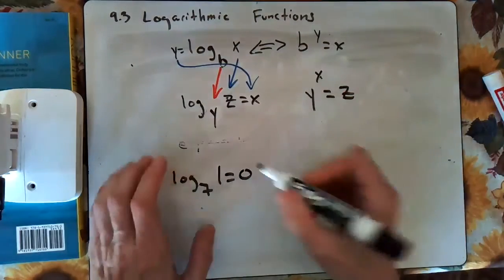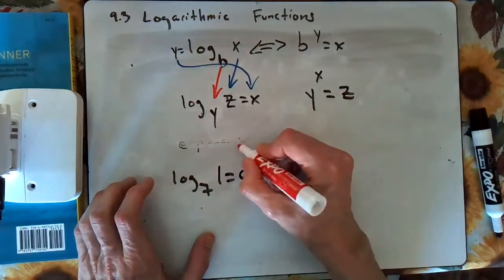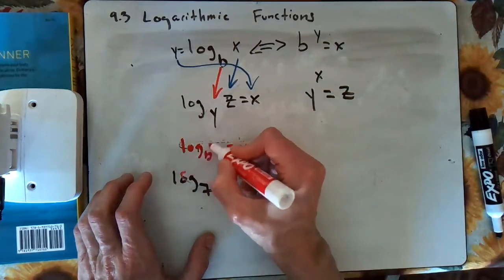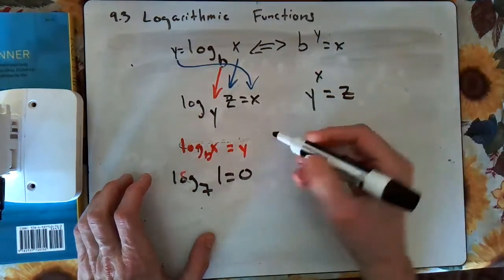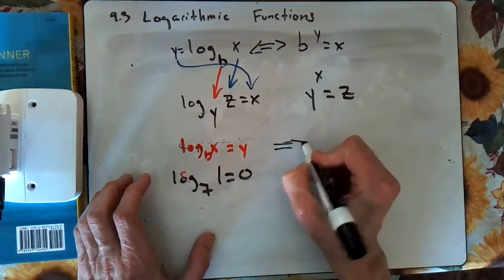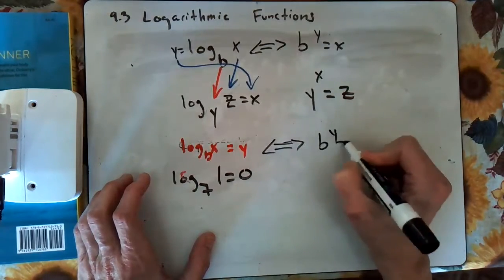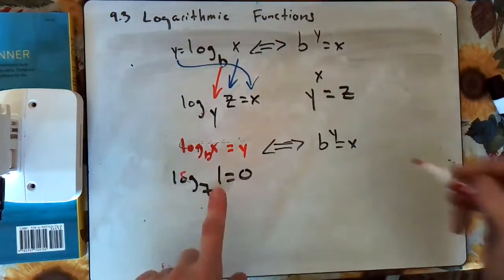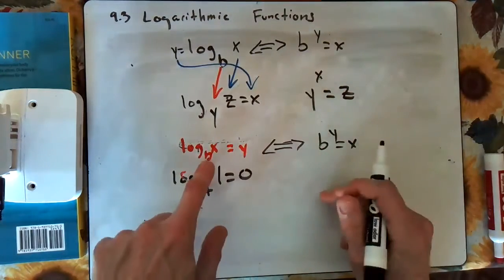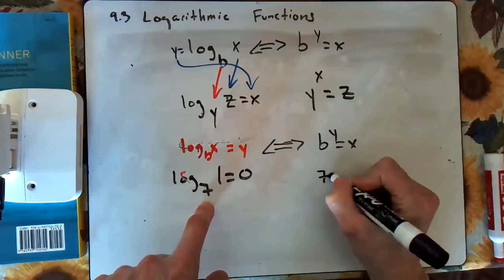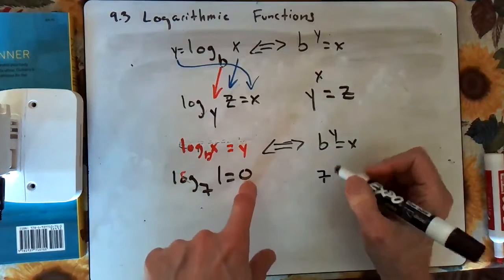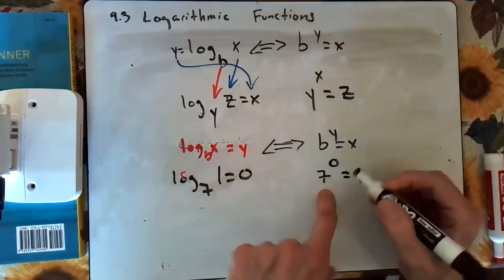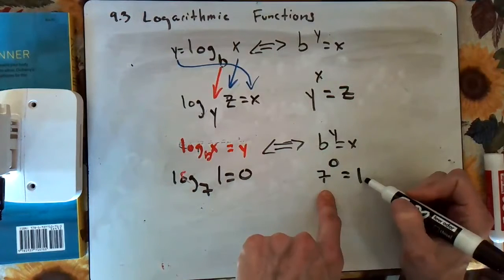So again, we have y equals log base b of x. And we're just trying to go to b to the y equals x. Again, just match up your letters. What's your b in this instance? The b was 7. What's your y in this instance? It was 0. What was x in this instance? It was 1. That makes sense: 7 to the 0 power is 1.